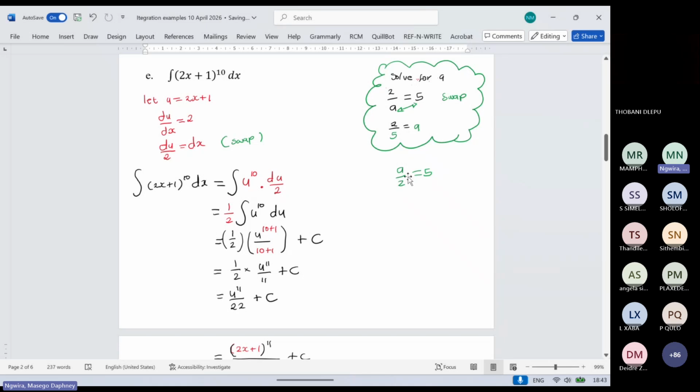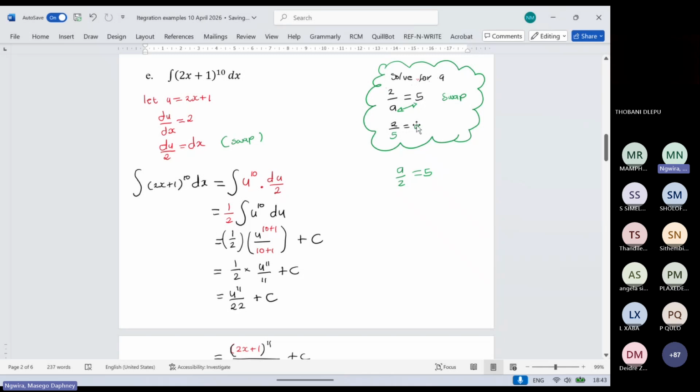When it's at the top, I just cross multiply this to the other side. I can still do the same thing here, but I will have to divide again. If I cross multiply here, I'm going to have 2 equals 5a, and then I will have to divide by 5 both sides.